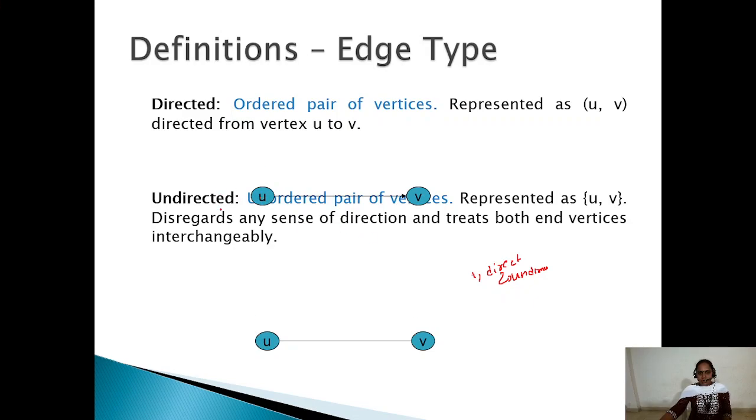What is undirected? An undirected graph means there is no direction. U follows V, V follows U, vice versa.